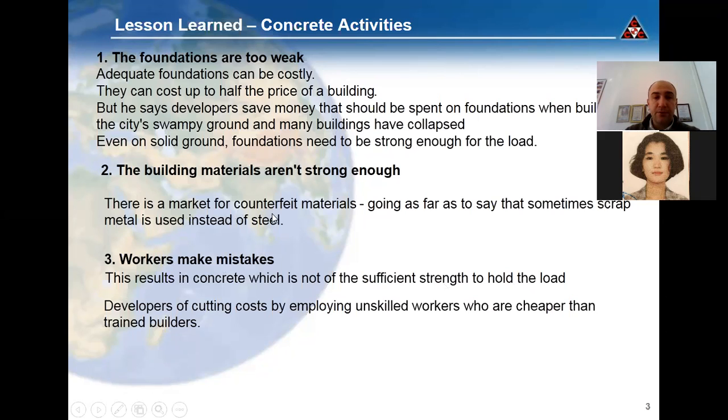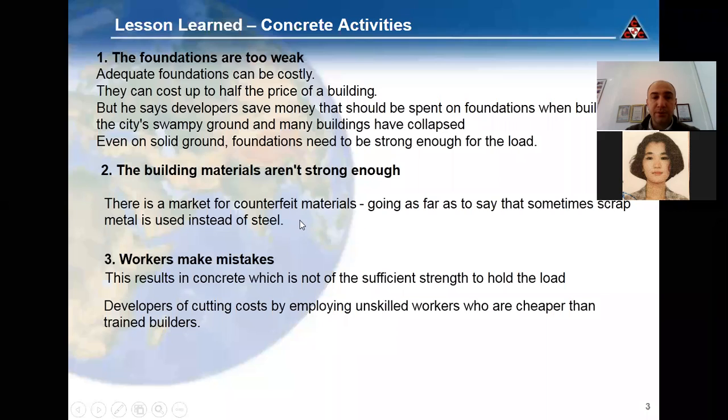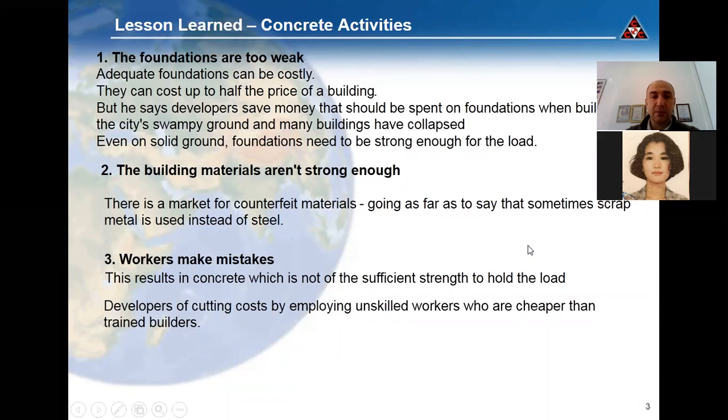There is a market for counterfeit materials, going as far as some metal being used instead of steel. So counterfeit materials can be found not only in other regions, but also in our region.